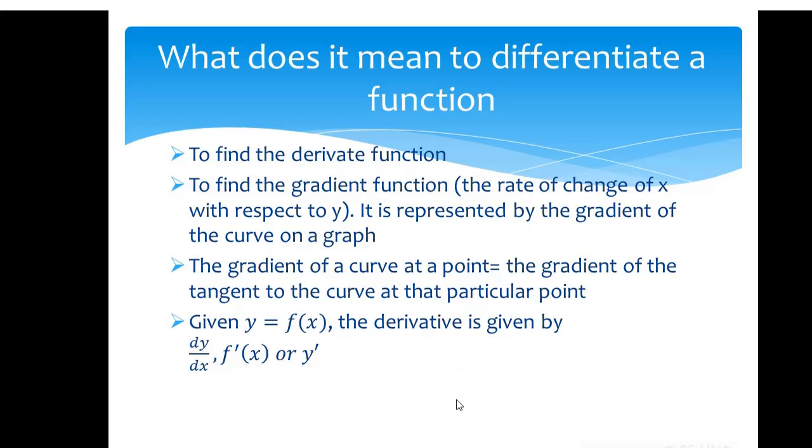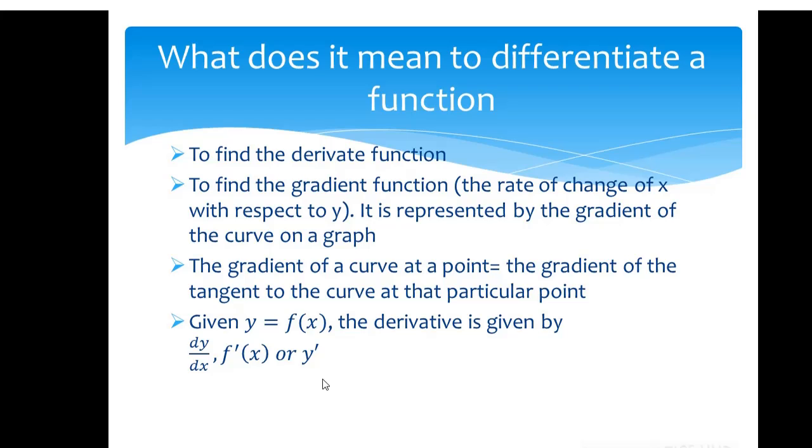Let's assume now that we are given a function y equals f of x. Then the derivative of that function is given by any of the following: dy/dx, f prime x, or y prime x.